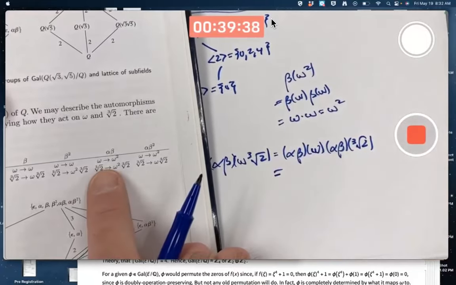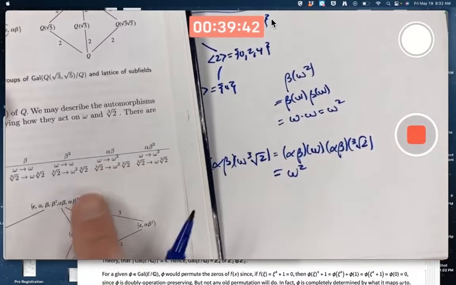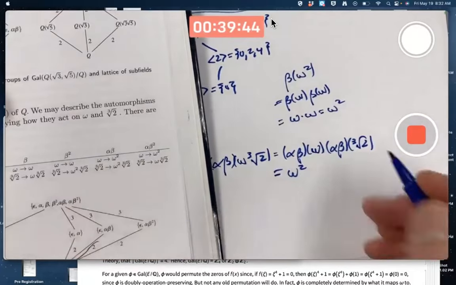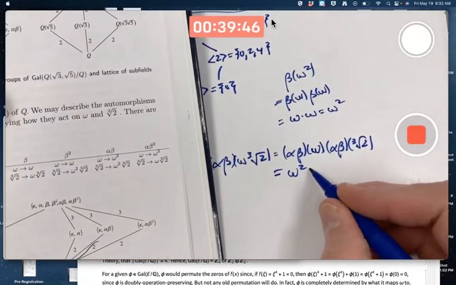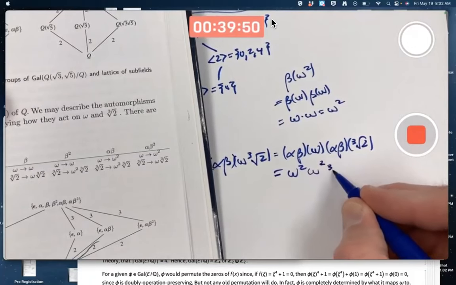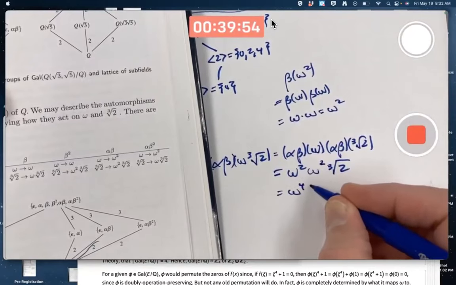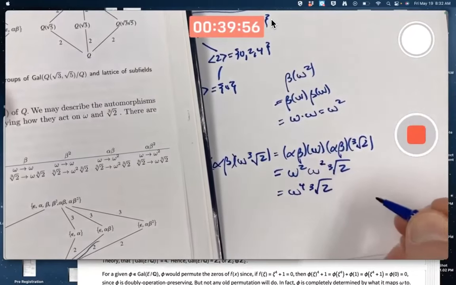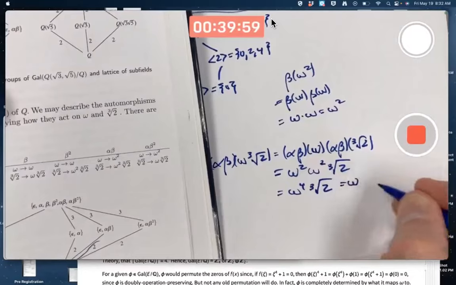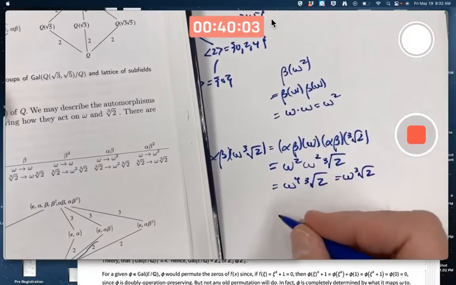Alpha beta of omega is omega squared. Alpha beta of cube root of 2 is omega squared times cube root of 2. That's omega to the 4th times cube root of 2. But omega to the 4th is omega, since omega cubed is 1.